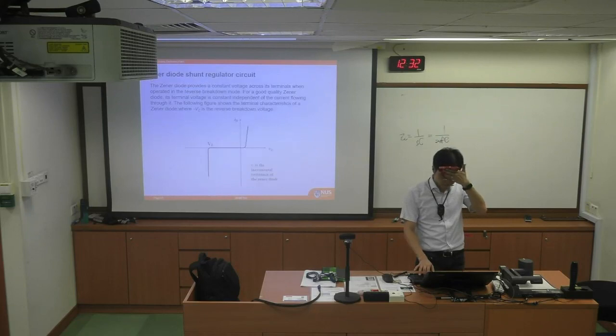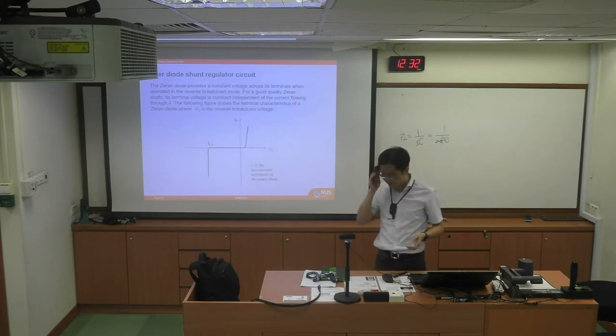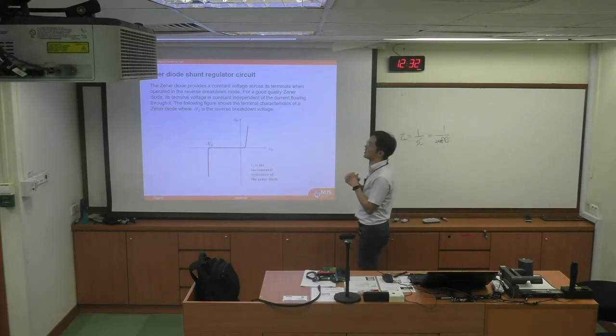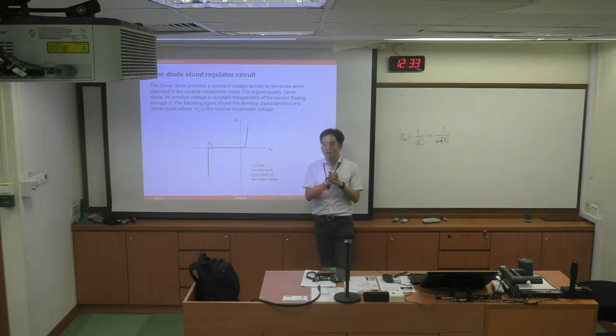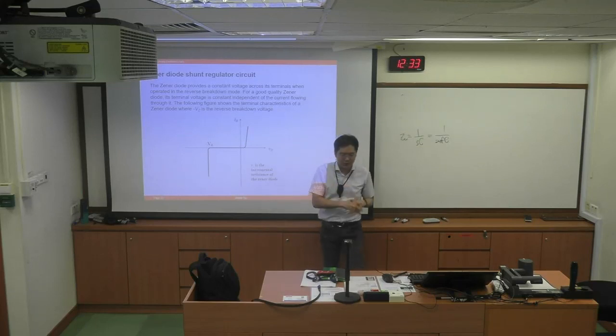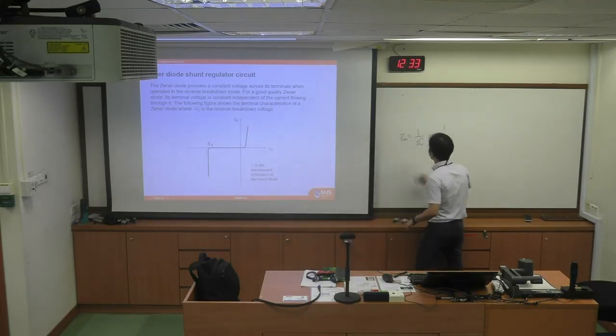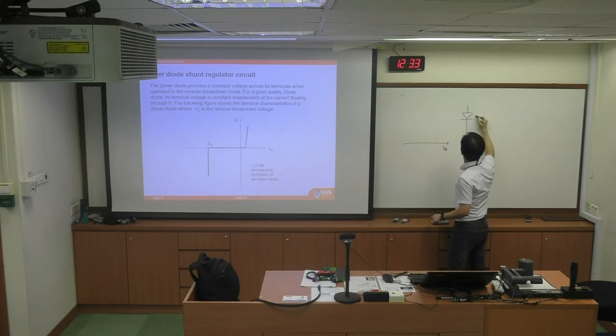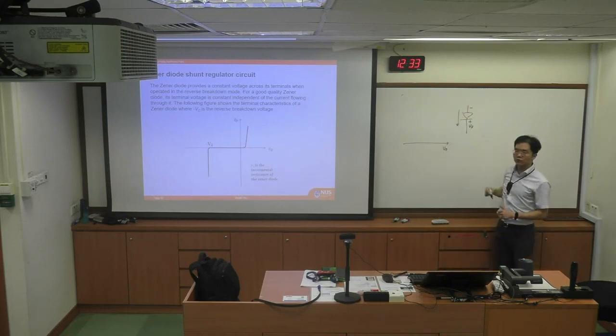Okay, so let's take a look at the series and shunt regulators. But before we go to that, one core circuit or device that is used in the regulator is called a Zener diode. So the regular, typical diode has a characteristic where it flows unidirectionally this way.